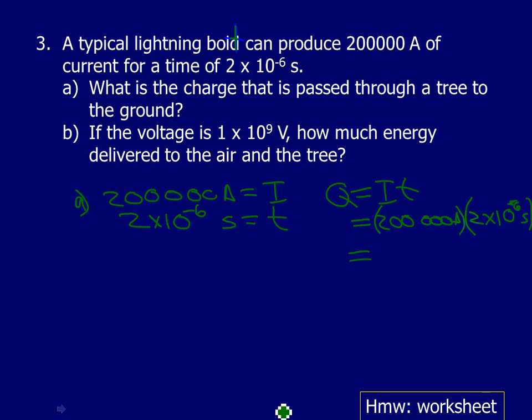Yes, you're looking for your EE button or your EXP button. Here's how it goes: 2, then you're looking for your EE or EXP button. Press it. Then negative 6. And then you can equals away.